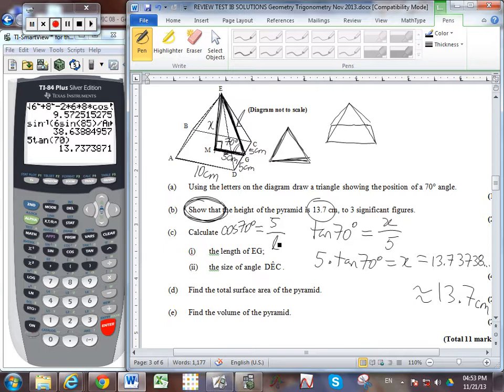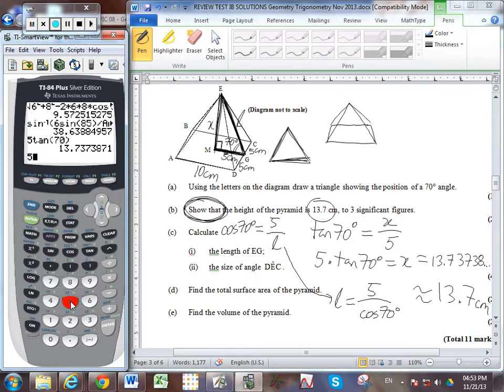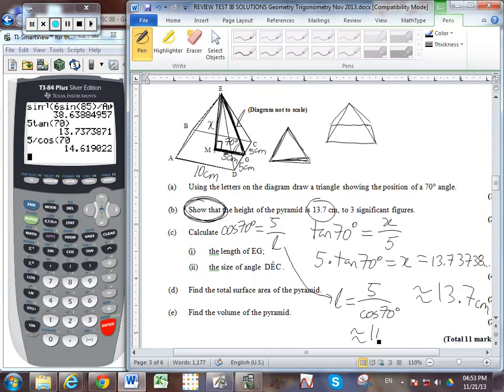So the slant height L will move up to this side of the equation, multiplying cosine 70. Let's divide by cosine of 70. We rearrange and find that L is equal to 5 divided by the cosine of 70 degrees. So 5 divided by the cosine of 70 gives us an answer of 14.6 if I round to 3 significant figures. So 14.6 centimeters.